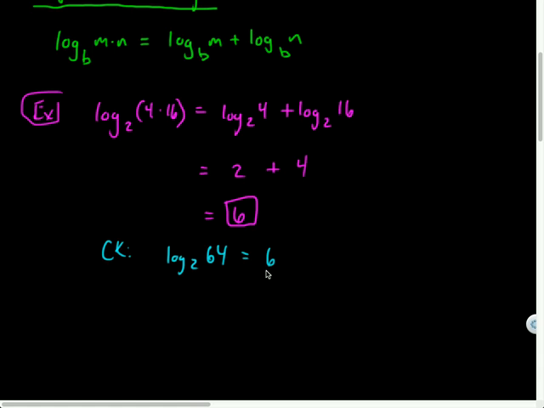Why can't we just do it like that? Because sometimes we'll want to know these properties, especially when we don't know some of the values. So if, for instance, that 4 was an x, I wouldn't be able to simplify it any further: log base 2 of x times 16 equals 6.